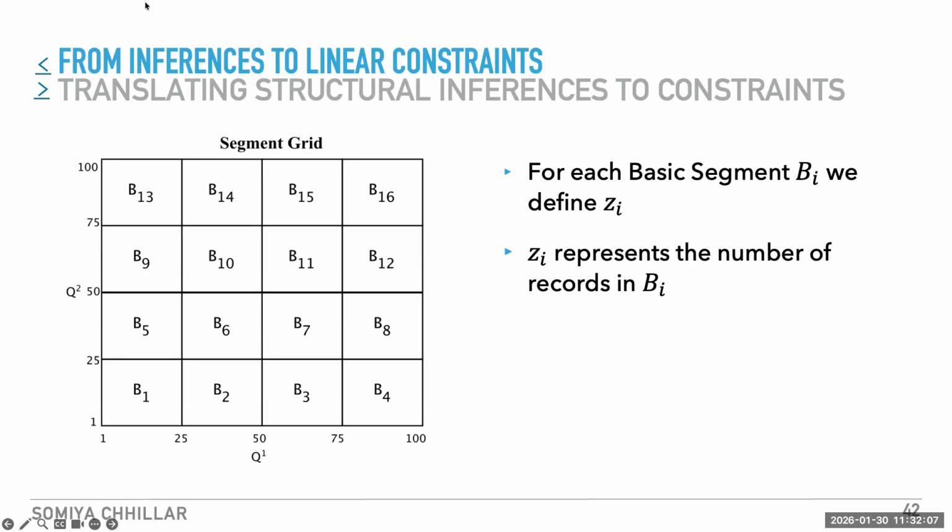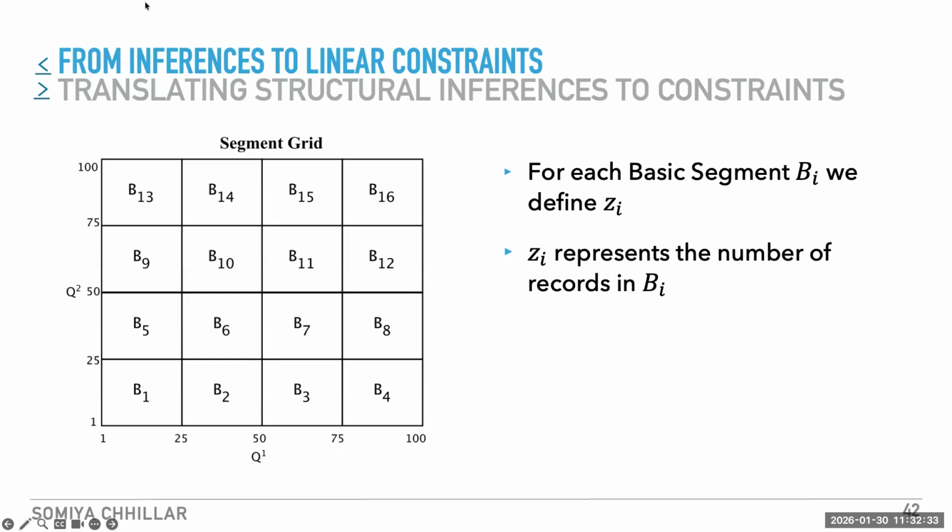And we do that by translating these inferences into constraints and then using linear programming to solve for all the feasible values of how records are distributed across the segment grid. And finally, we can find smaller or less obvious ways of reducing all the plausible values that exist.